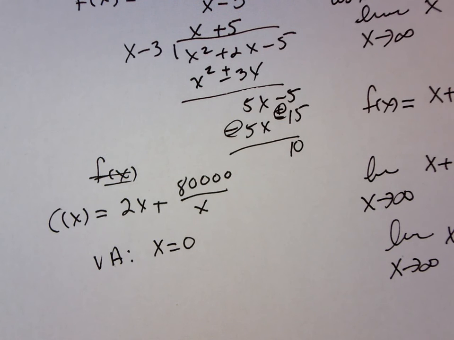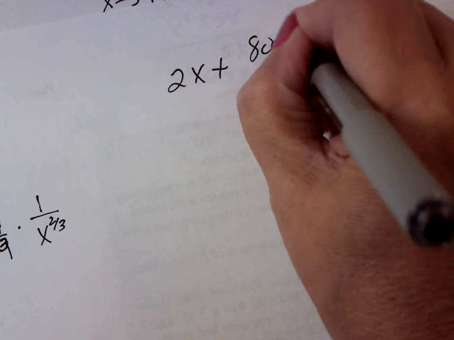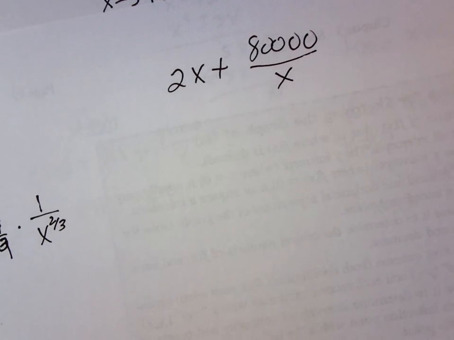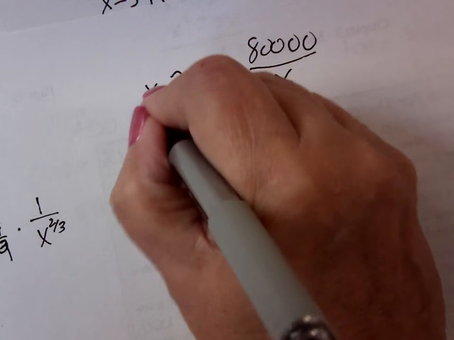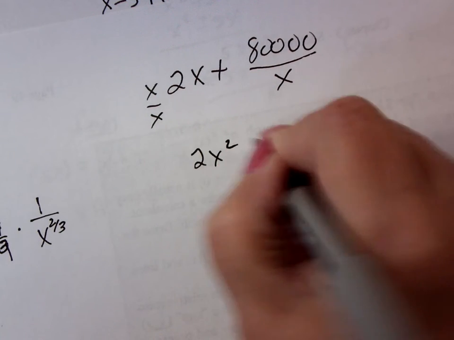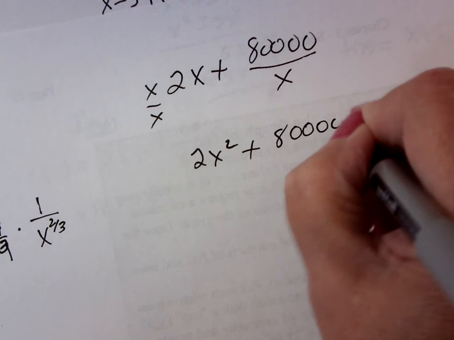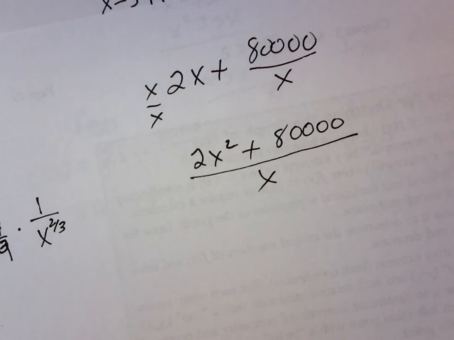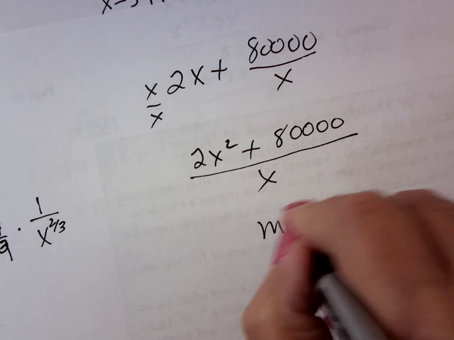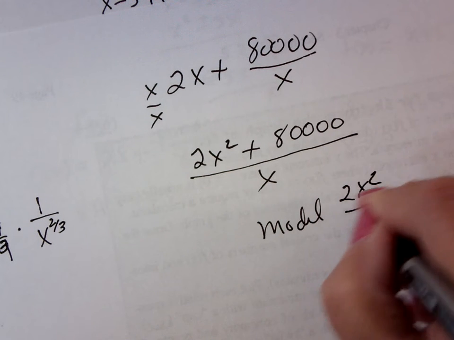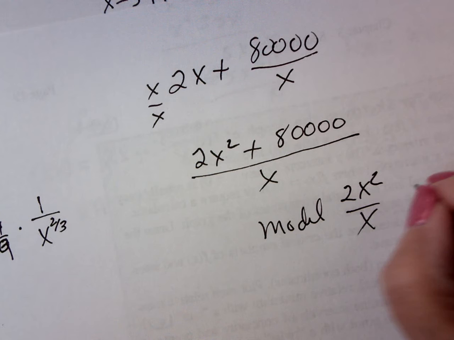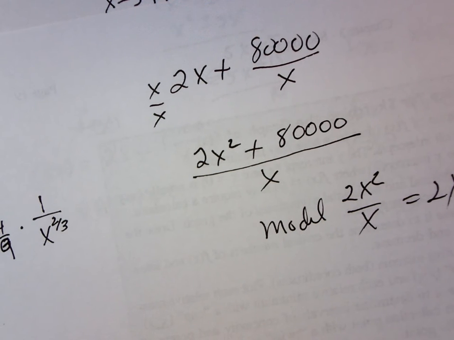And you say, well, what do you mean by that? The model is 2x. Well, let's take this, 2x plus 80,000 divided by x. Put it over a common denominator. This is 2x squared plus 80,000 divided by x, right? What's your model? It's an oblique asymptote because your model is linear.